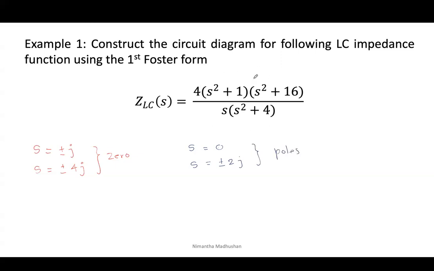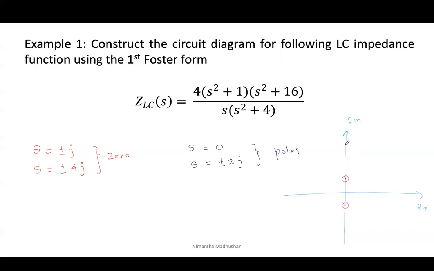Then I draw the poles and zeros in the complex S plane. This is the imaginary axis and this is the real axis. Zeros at plus j and minus j.